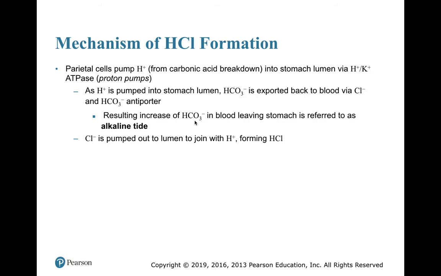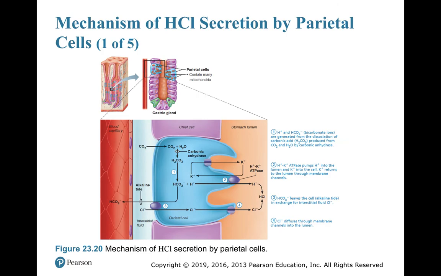That results in an increase of bicarbonate in the blood leaving the stomach, which is referred to as an alkaline tide because it has a negative charge. Chloride is pumped out into the lumen and joins with the hydrogen ions, forming hydrochloric acid, HCl. And that is mapped out in figure 23-20.